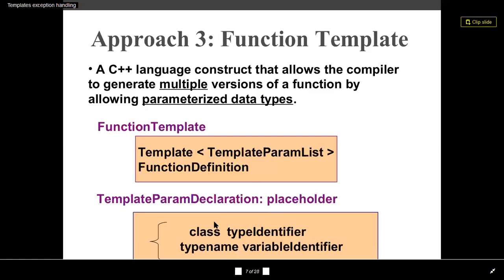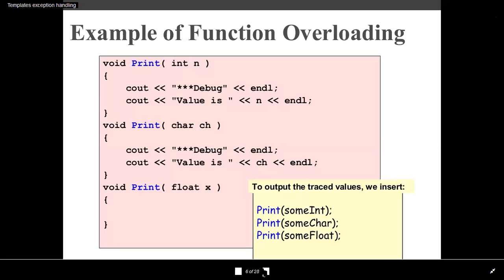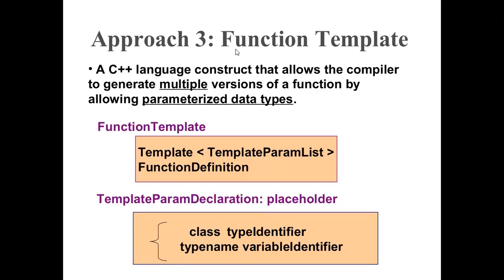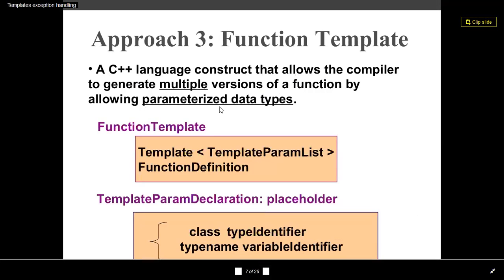So let us see some definitions now, what it actually is. In the C++ language, a template is a construct that allows the compiler to generate multiple versions of a function by allowing parameterized data types. That means instead of only parameterizing values, we are actually parameterizing the data types.